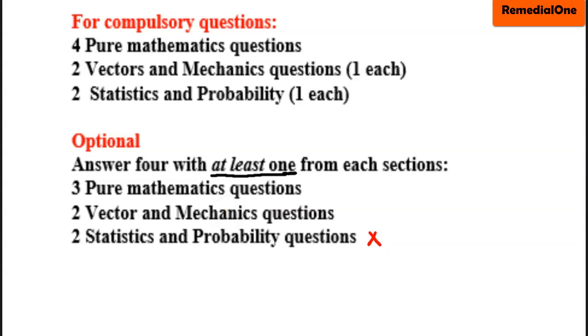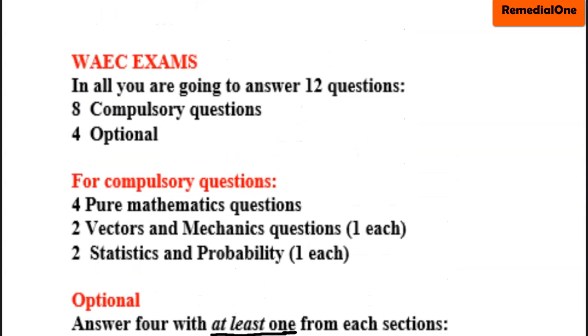So now let me give you a few tips as you write the exams. Number 1, take at most 10 minutes to go through the questions whilst you select the ones that you are going to do. Now, it does not mean that for the 8 compulsory questions you have to start from question 1.